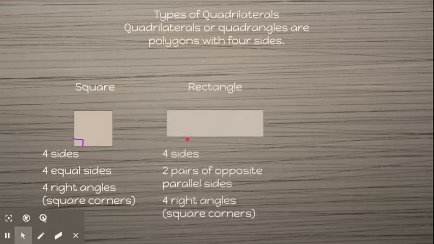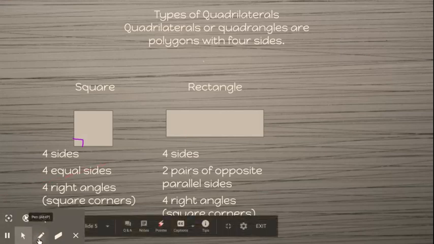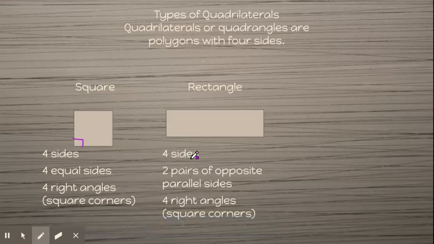Our next quadrilateral is a rectangle. Again, it's another pretty basic one. We know that there are 4 sides, and it has 2 pairs of opposite parallel sides. Remember, parallel means they will never cross. So the left and the right on this rectangle are parallel to each other.